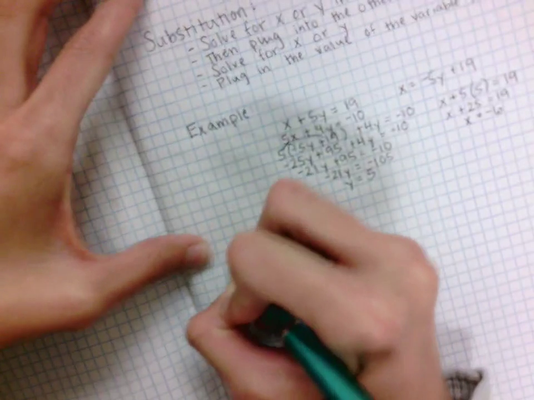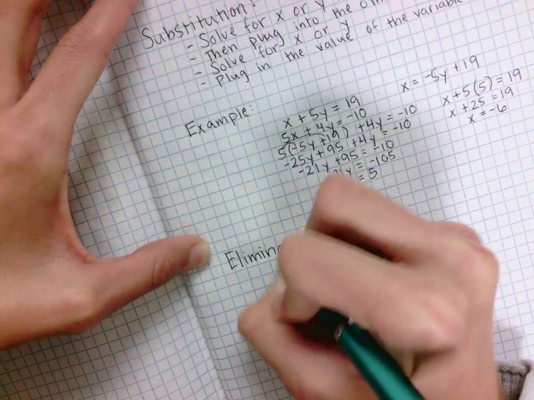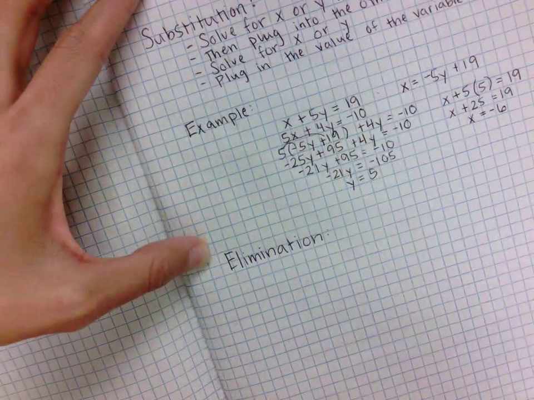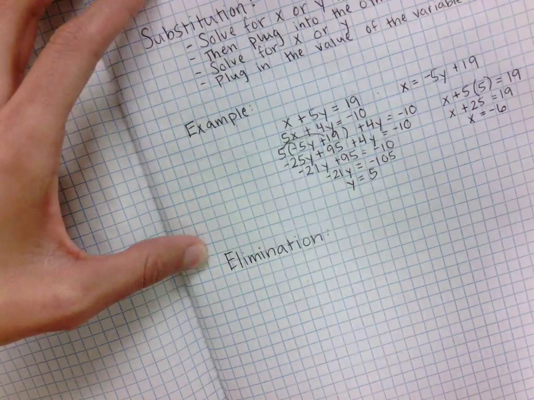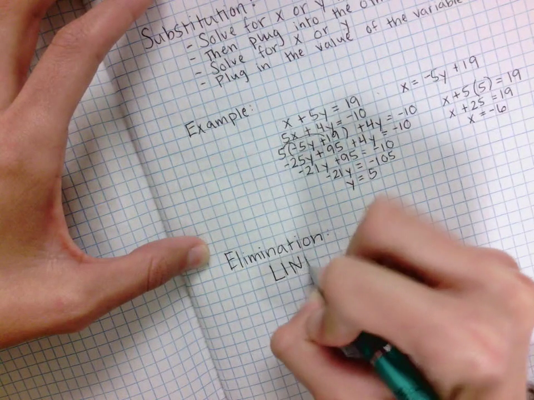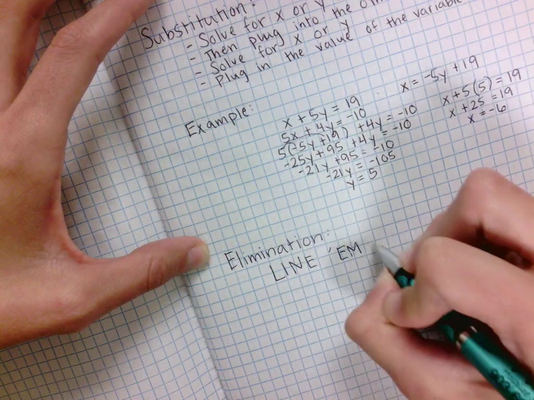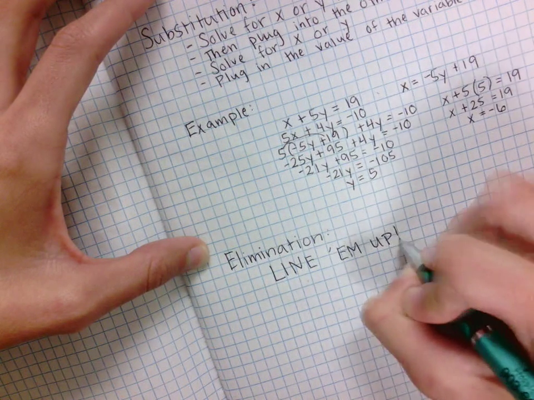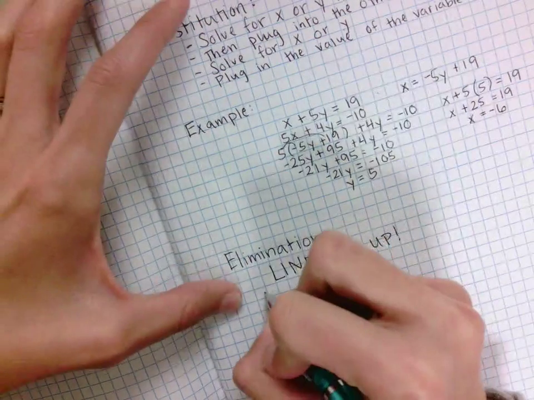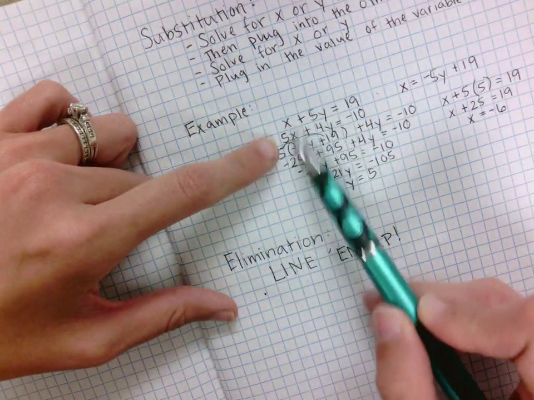So the next method we're going to talk about is elimination. The most important thing in elimination, and you'll need this when we get to three variables too, is line them up. That means line up the correct variables together. Most of the time you've seen them already lined up for you, but sometimes they can be mixed up.